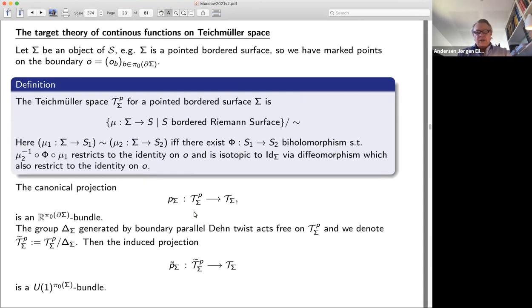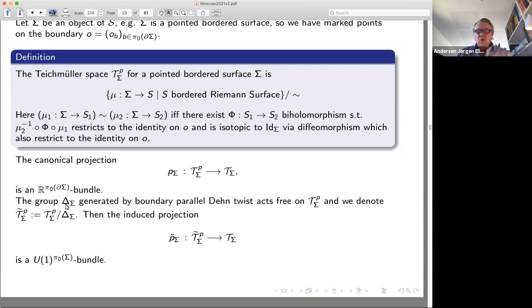And so there, it's rather simple what the two Teichmüller spaces are. If you look at the ordinary Teichmüller space, what I call ordinary is just that there are no marked points, but the same definition. Then there is a projection where you just forget about the marked points, and that becomes actually an R to the number of boundary components bundle over the Teichmüller space where there are no marked points. But if you look at the group Δ_Σ, which is the Dehn twists that are parallel to the boundary, then they act freely on this bigger Teichmüller space.